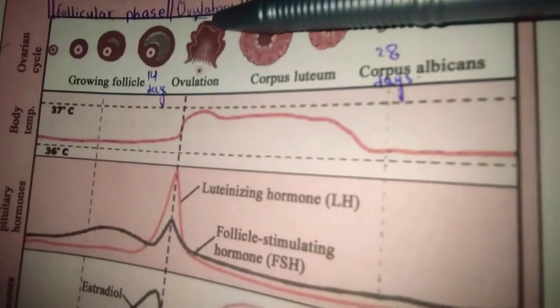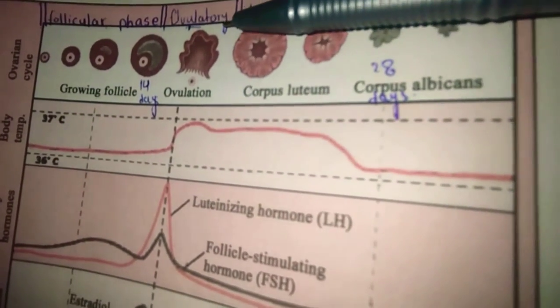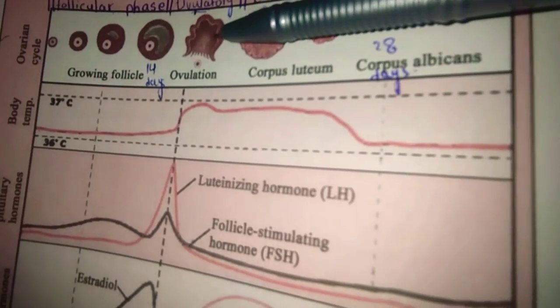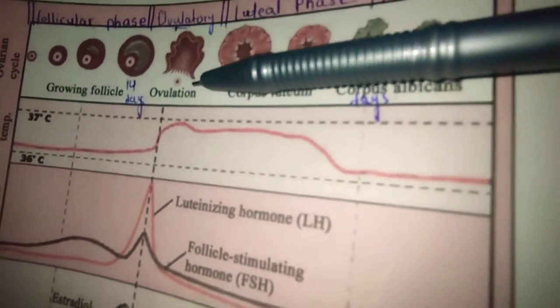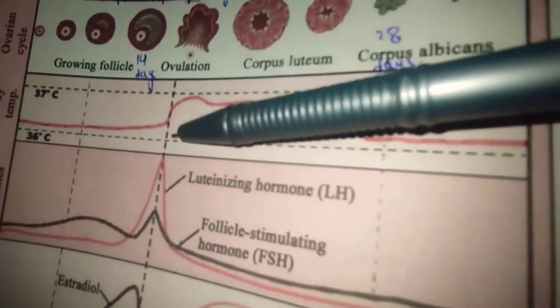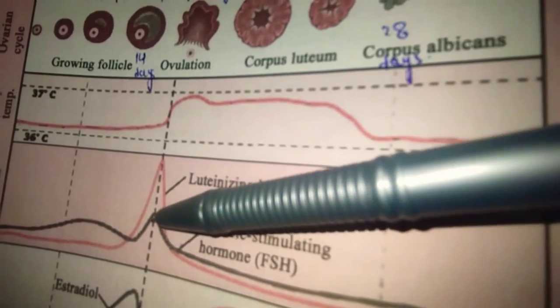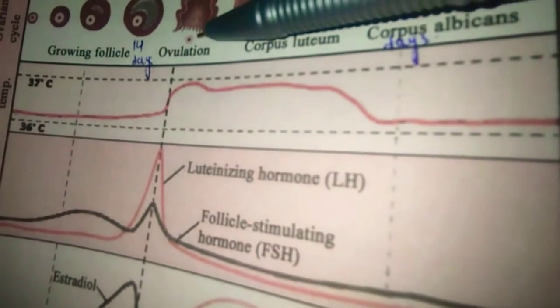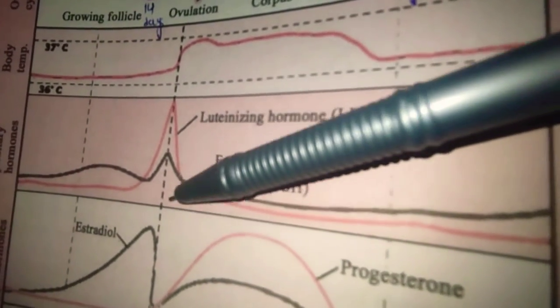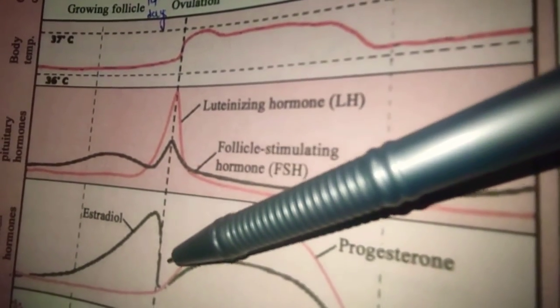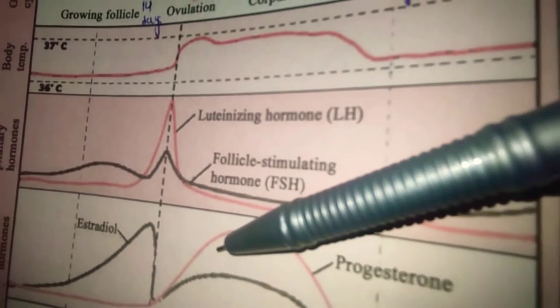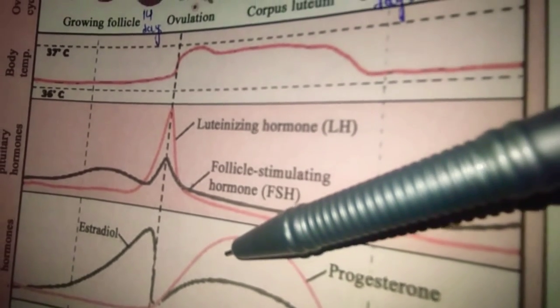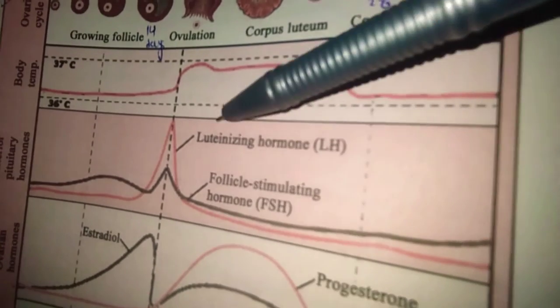Now the next phase is the ovulatory phase. Ovulatory phase is characterized by the ovulation mainly, and it is characterized by the LH surge. So there is a certain increase in the LH that causes the ovulation, plus there is the positive feedback by the progesterone, which is produced by the theca cells.